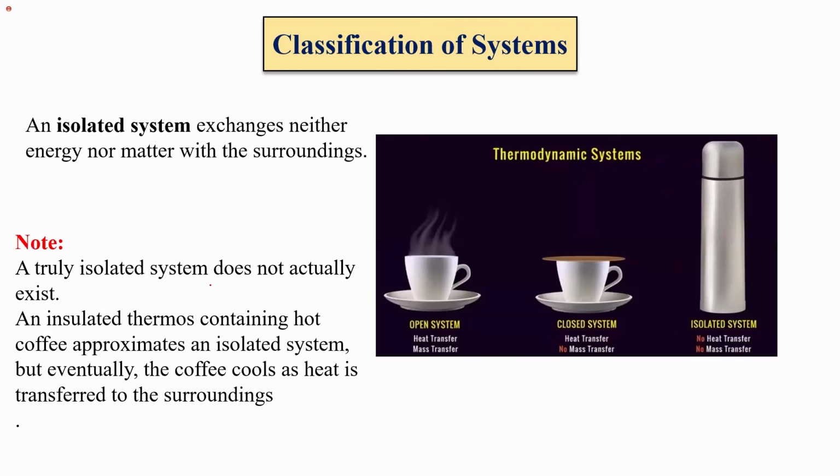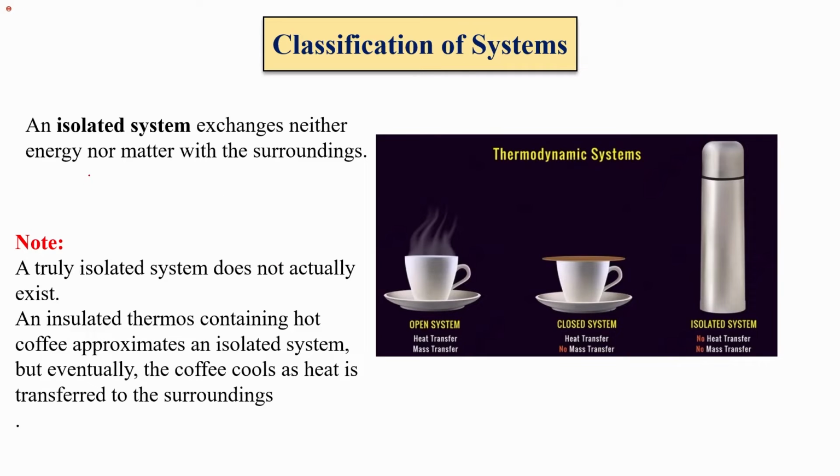Next is the isolated system. Basically, an isolated system neither exchanges heat nor matter with the surrounding. For example, an insulated thermal flask containing hot coffee will be called an isolated system.